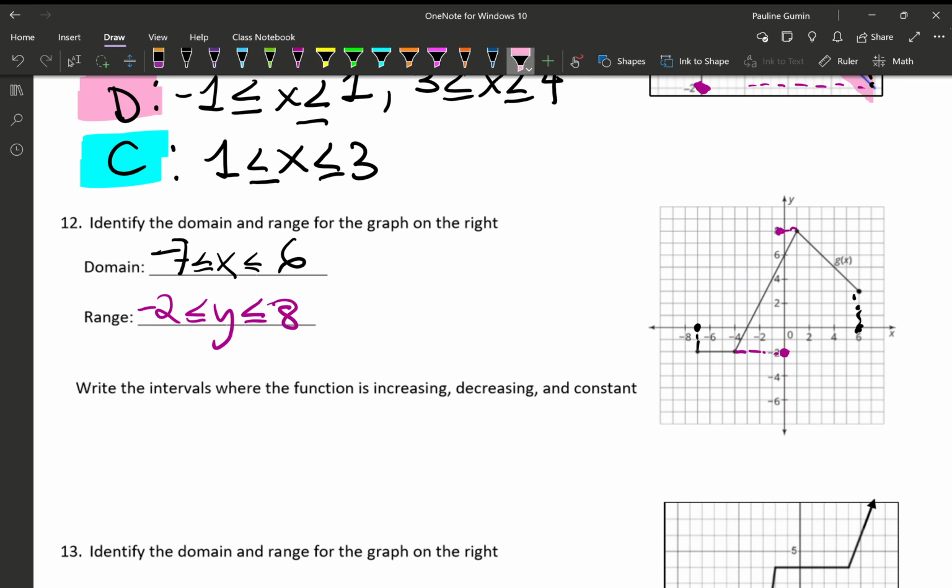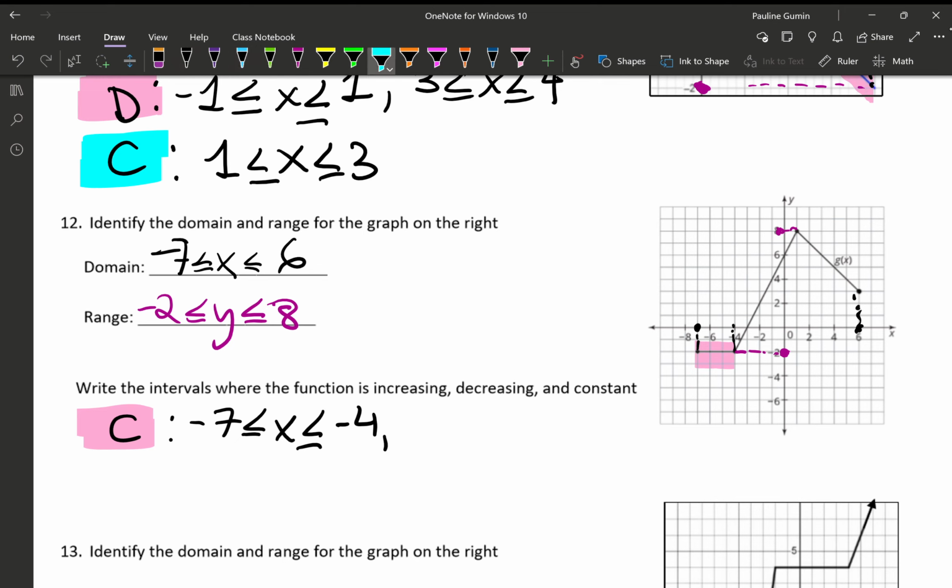Now let's write some intervals. Again, I'm going left to right, and I'm going to stop and write down the intervals each time I change directions. All right, I'm going to start here, and I'm going to go, go, go. Oop, I'm stopping. That was flat, so I'm going to call that constant. And it started at -7 on the x's and ends at -4.